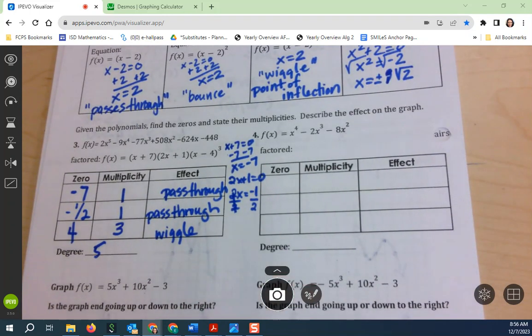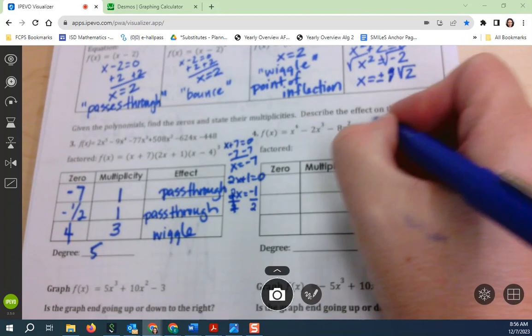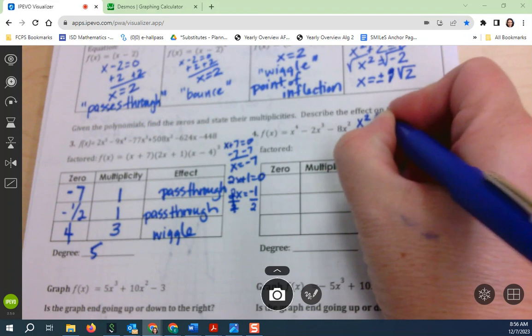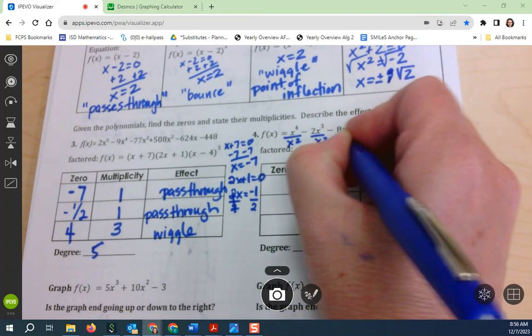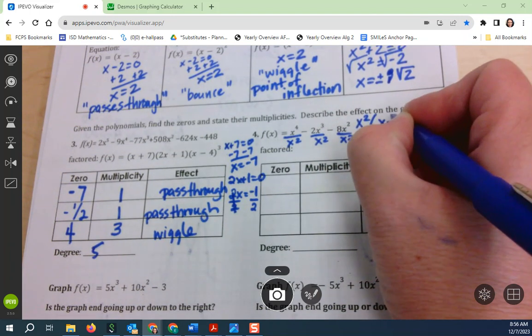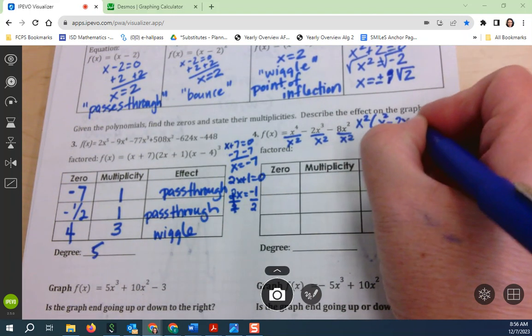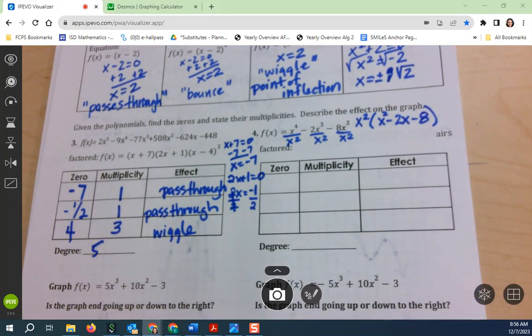So for the factored form, there's two steps. First step is factor out your common factor of x squared. And now I need to find the numbers that multiply to -8 and add to -2.